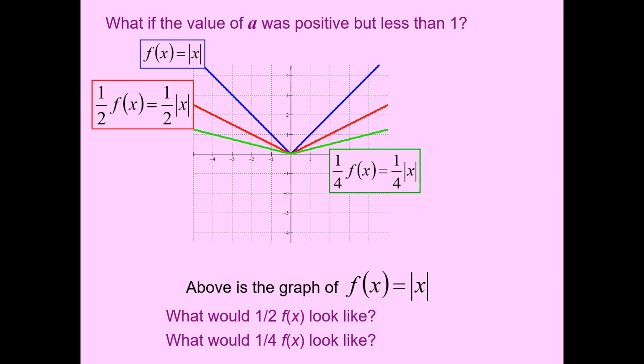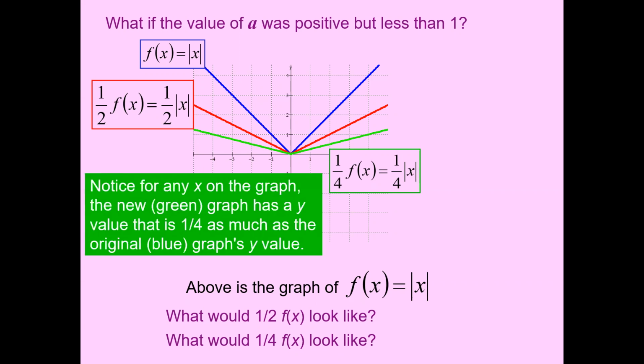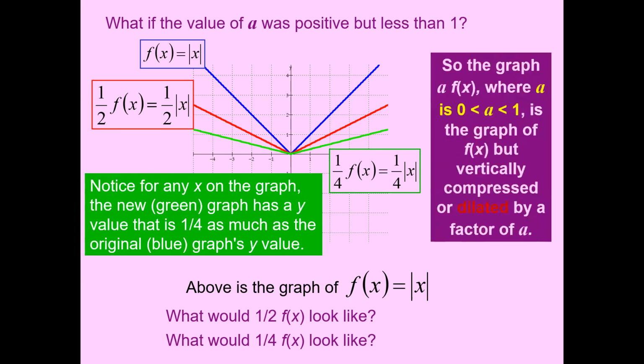The green graph gives you what I asked you for. Notice for any x on the graph, the new green graph has a y value that is 1/4 as much as the original blue graph's y value. So the graph where a is between 0 and 1 is the graph of f of x, but vertically compressed, or dilated by a factor of a.